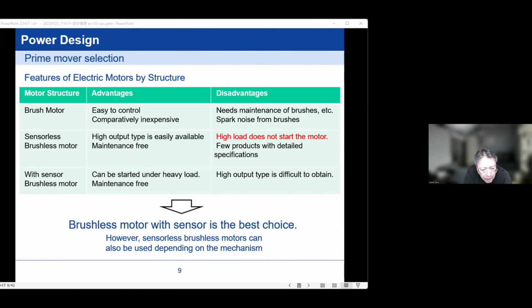This means that, like a sensorless brushless motor, it is maintenance-free. However, the downside is that it is difficult to obtain high-output models. Out of these three, it is best to choose a brush motor for production, or a brushless motor with sensors for production.